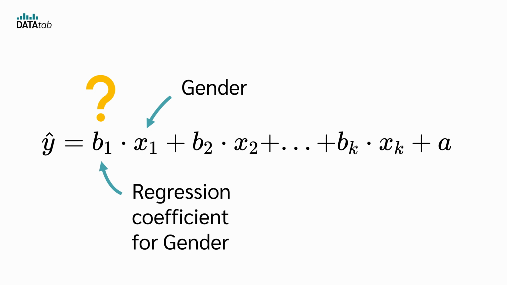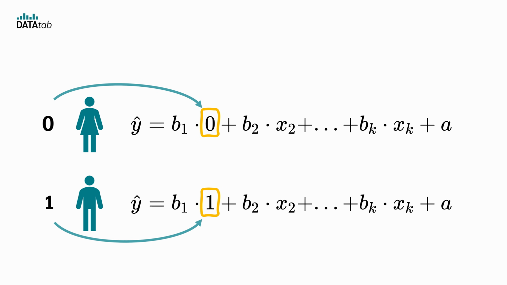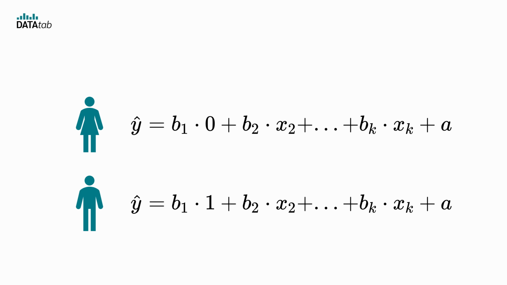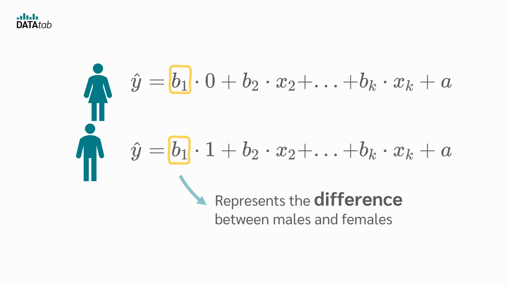But how do we interpret b1? We said 0 is female and 1 is male, so let's just insert this for x1. For a female individual, we have 0 multiplied by b1, and for a male individual, we have 1 multiplied by b1. Accordingly, b1 represents the difference between males and females.